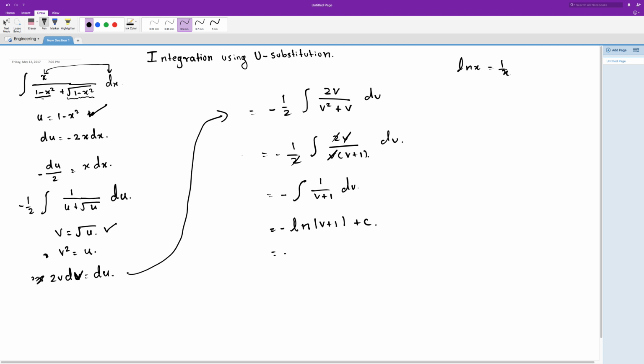So this is going to be minus ln of root u plus 1, plus c. Now our main thing is 1 minus x square, so we can plug that in now. So this is going to be minus ln of the square root of 1 minus x square plus 1, plus a constant, and that's the final answer.